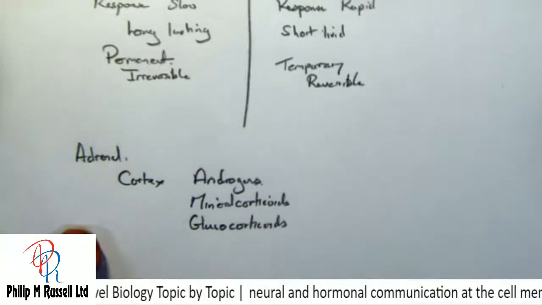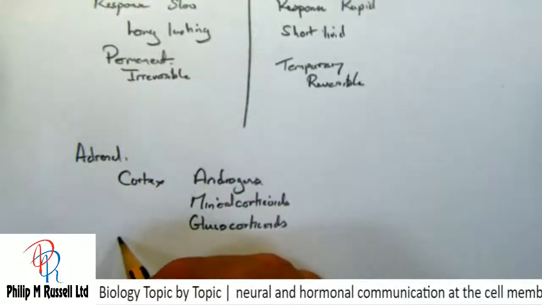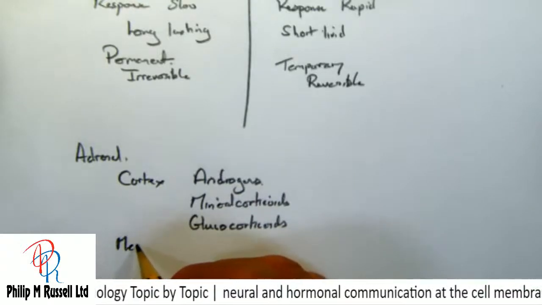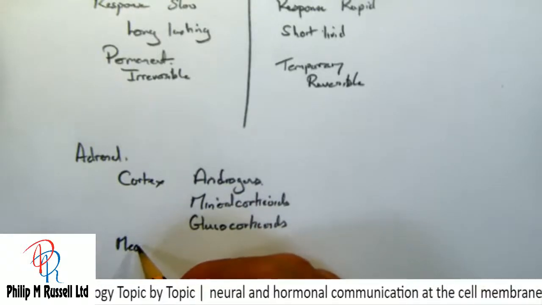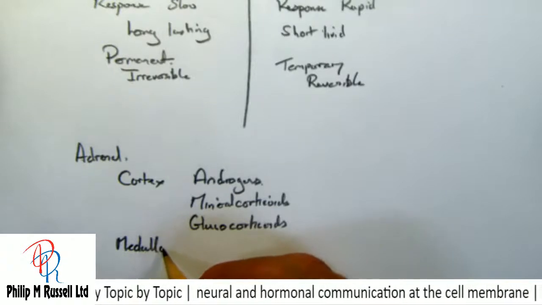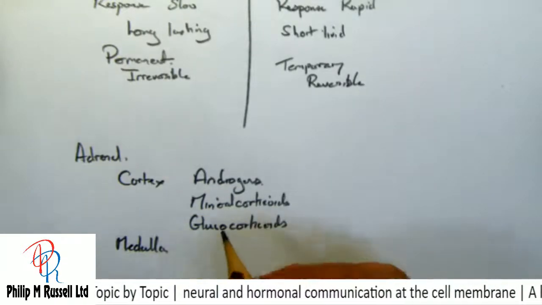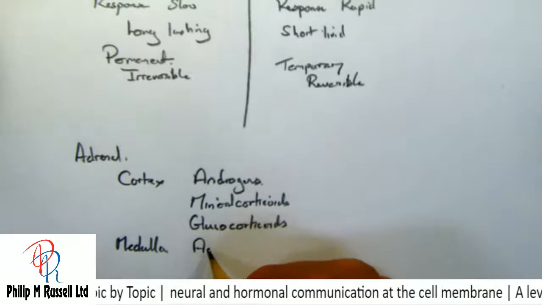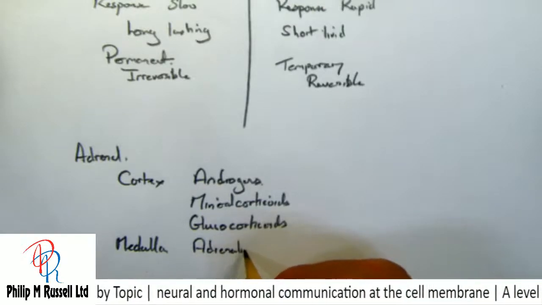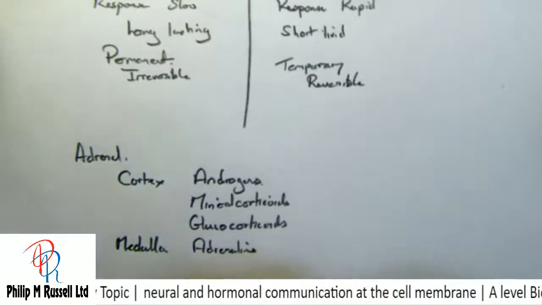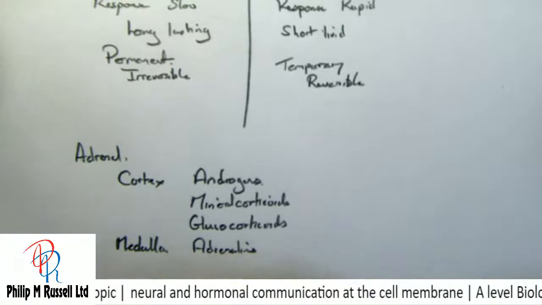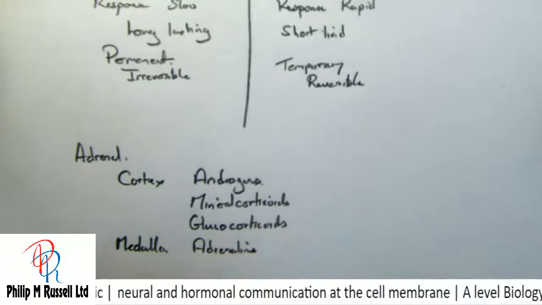But inside the adrenal gland, we've also got a centre bit, and we'll call this the medulla. This is responsible for producing adrenaline, which increases the heart rate, sending blood quickly to all the muscles and brain.